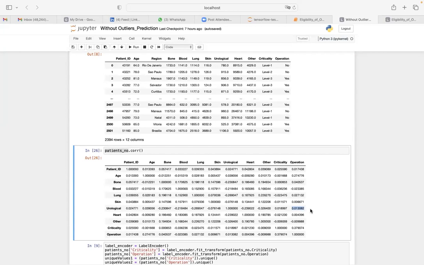Otherwise it's a big waste of time to do those checks, because even if you find a pattern in this urological column, do a separate analysis and feed it to a different model, it won't give you any fruitful result, because it will again consider age and level of criticality as its most important features rather than urological.